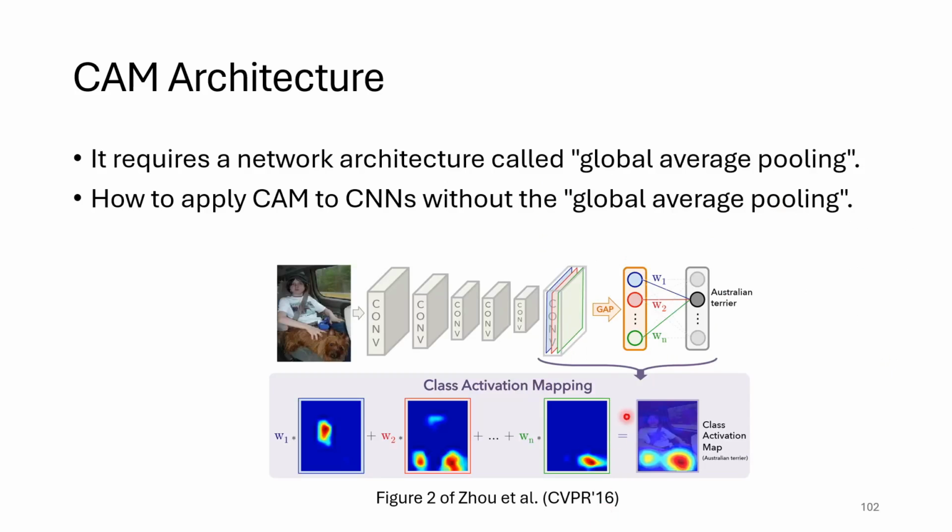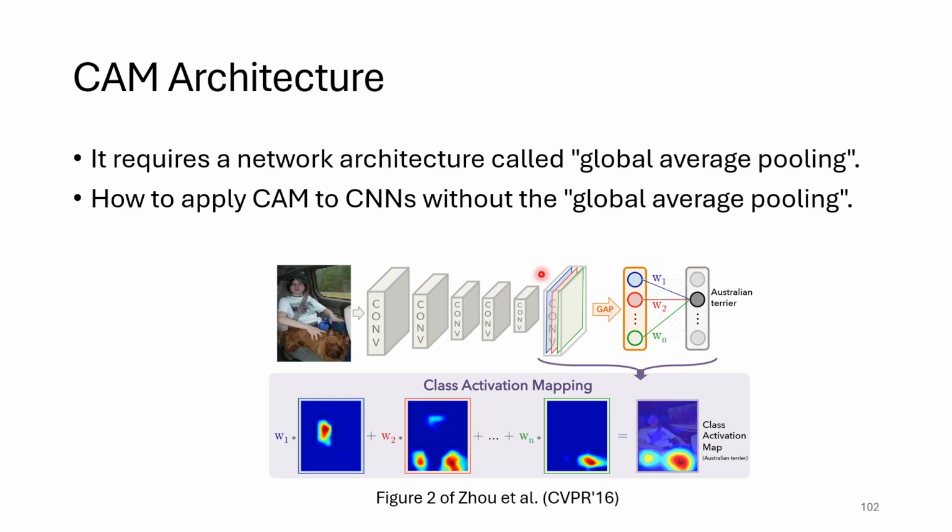So what is CAM? Suppose you have a classification network like this. Given an input image, you will have several convolutional neural layers. From the input image, you will generate some feature maps here at the final layer. The layer will do global average pooling to generate some one-dimensional features and linearly combine them to generate the final logit.